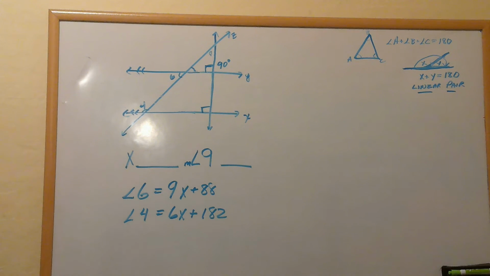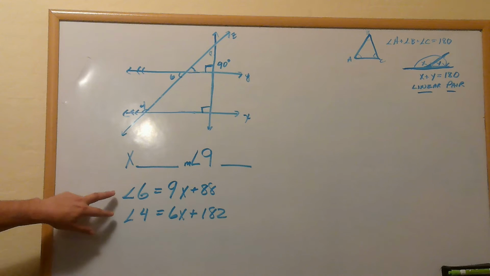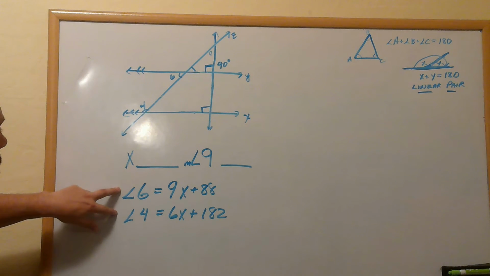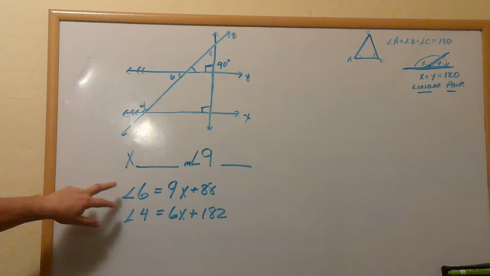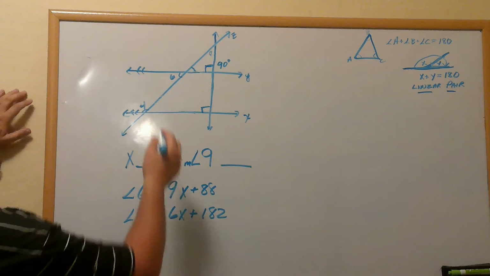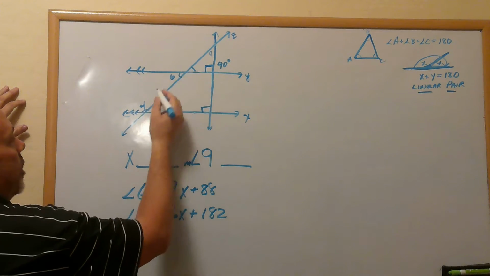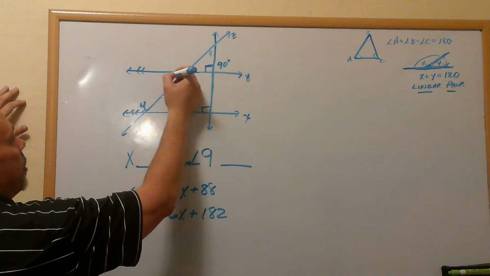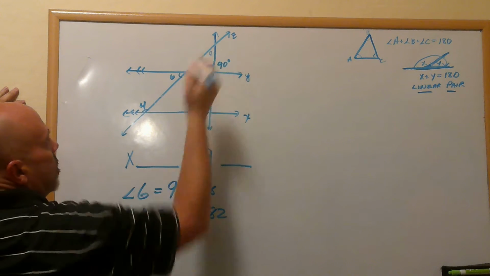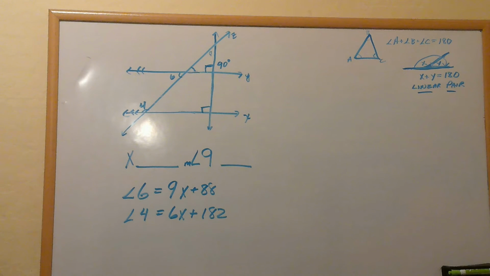The first thing that I want to do is look at the relationship between the two angles that they defined for us in the problem. I didn't copy down all of the angles that were on the problem, just the ones that we need: angle 4 and angle 6, and also angle 9, which is the top angle inside that triangle.